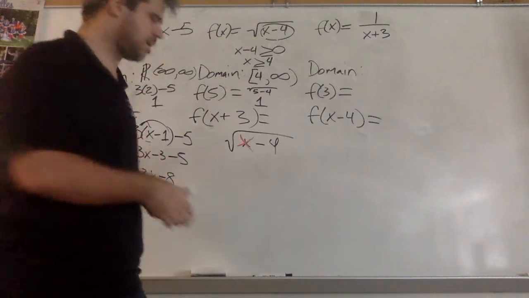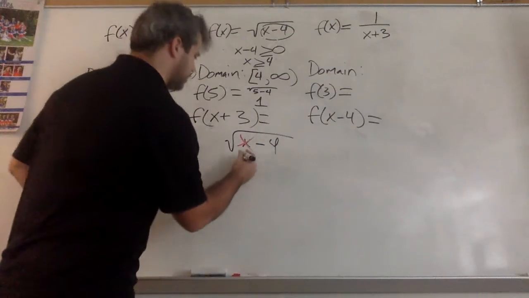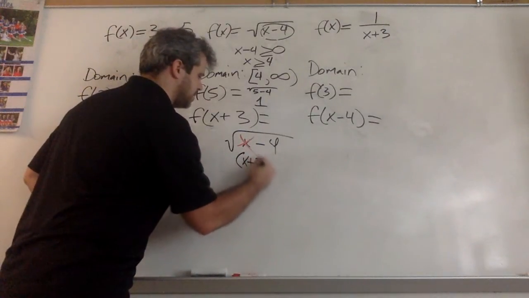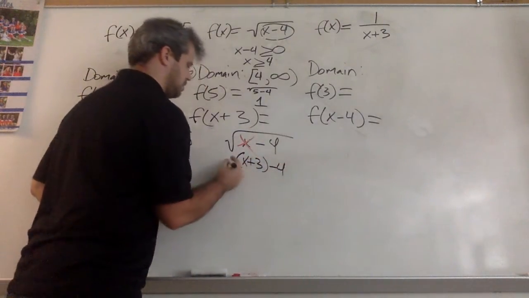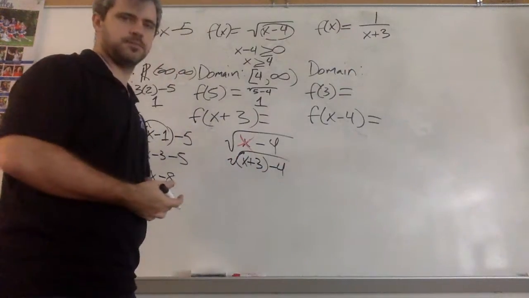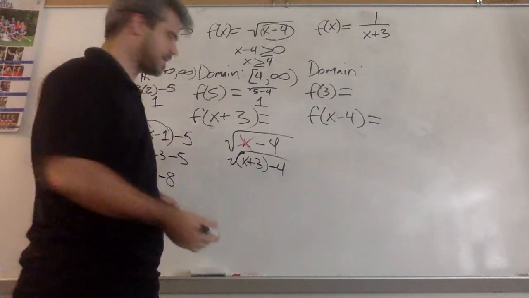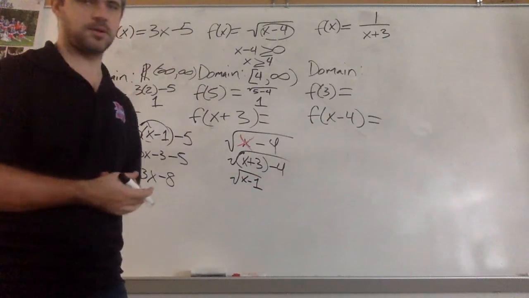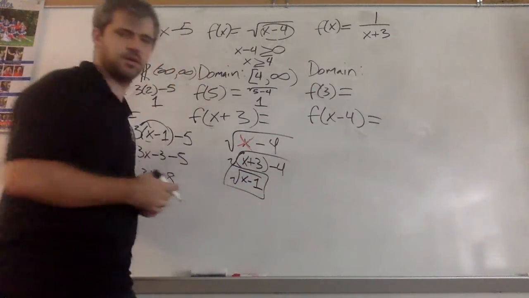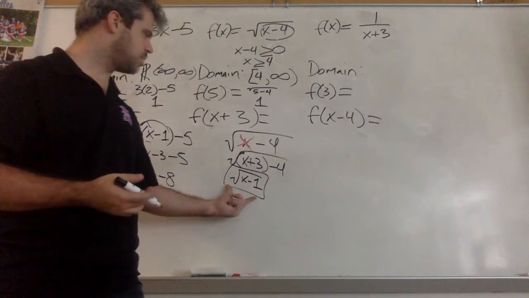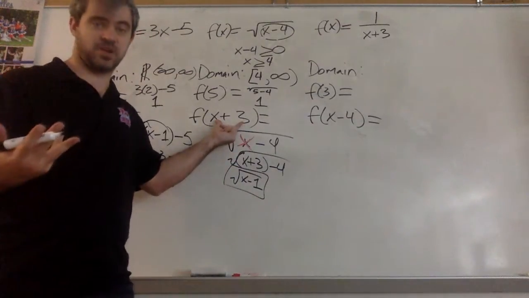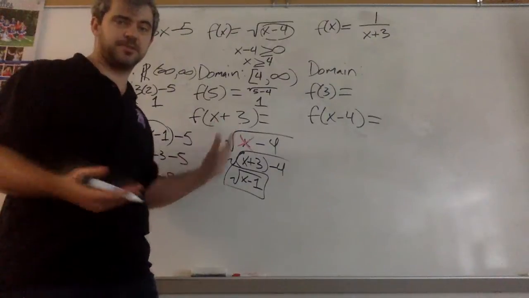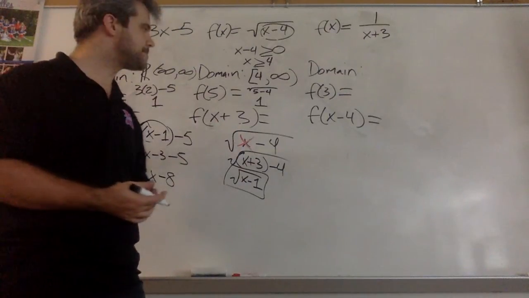Say, that is no longer our input. Instead, we're going to put x plus 3. So 3 minus 4, that's negative 1. So this is what we get when we put in x plus 3 as our input instead of just x. Okay?